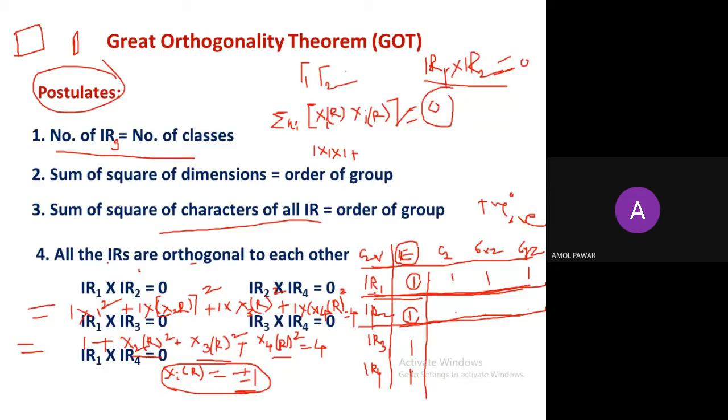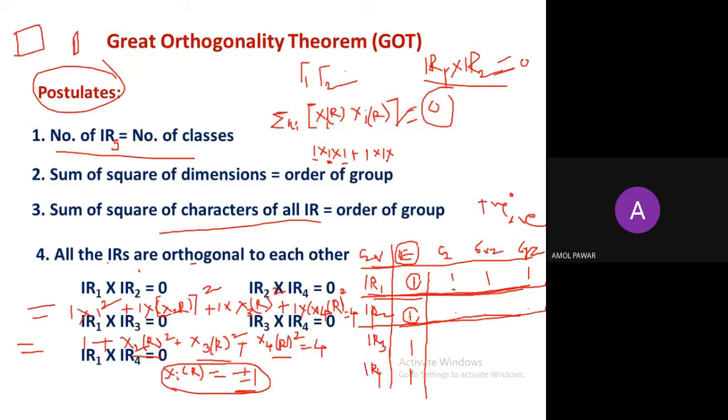Now we are multiplying IR1 into IR2 by considering their class. Class is E here. So we have taken the value 1 into character of IR1, character of IR2. Correct? Now next, C2. For C2, N is 1 into character of IR1 for C2 is 1 into.